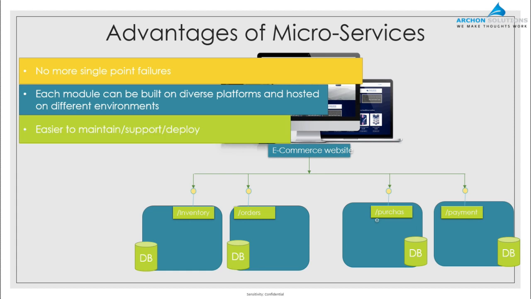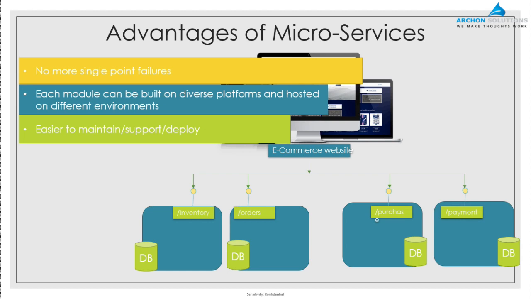The third advantage of a microservice is easier to maintain, support, and deploy. Let's say there is an upgrade. There's a new feature that needs to be added to the purchase module. The DevOps people or the support team would need to bring down the purchase module, give the fix, make a new deployment, do some regression testing just on purchase module, and bring it back up for the website to access.